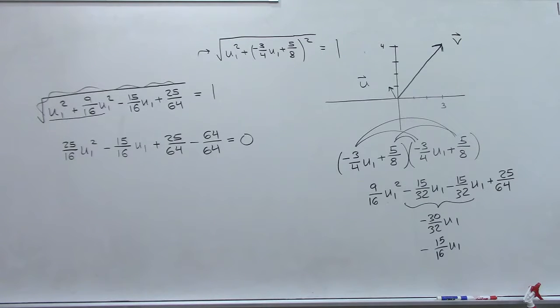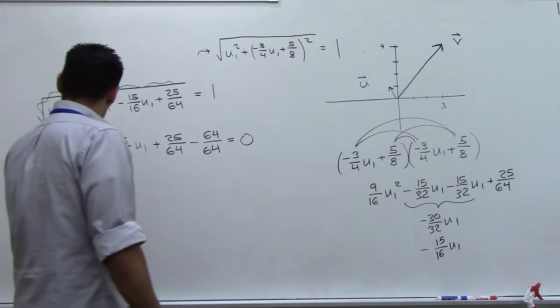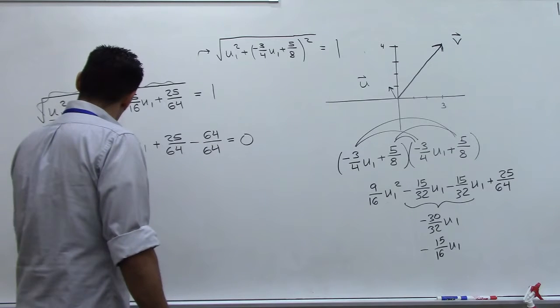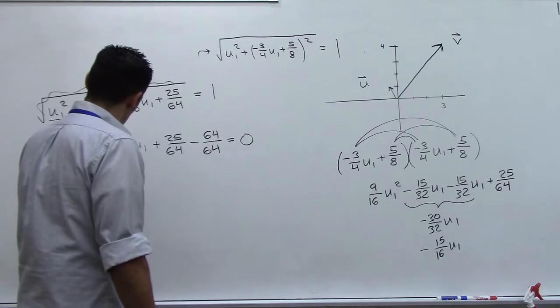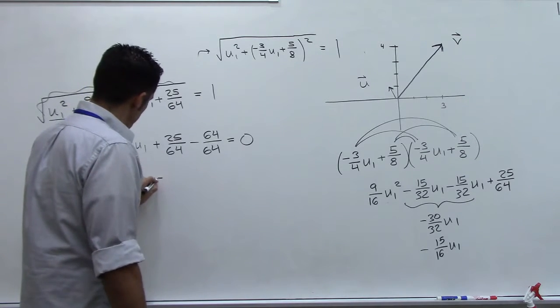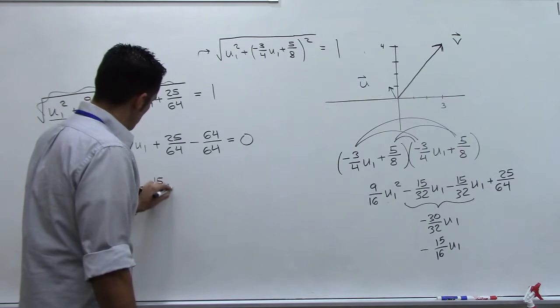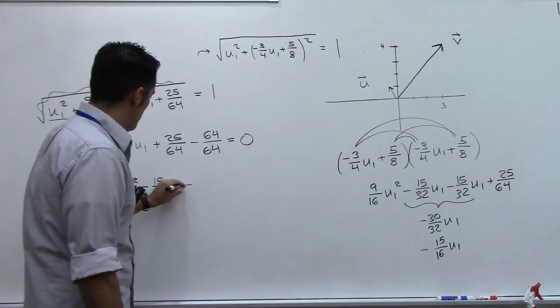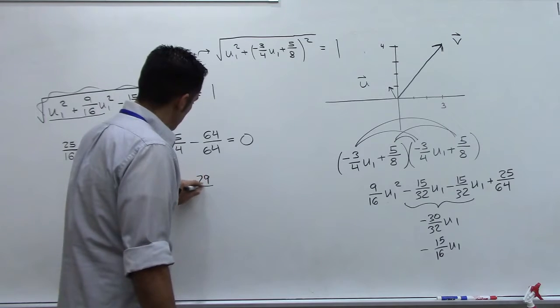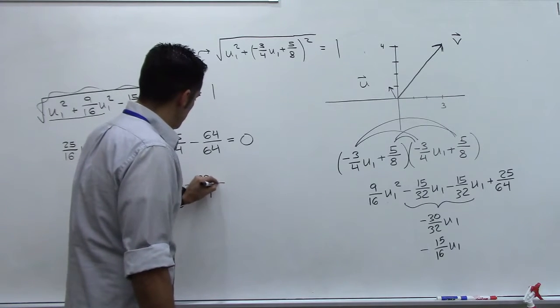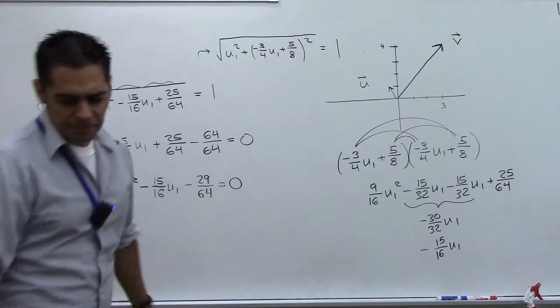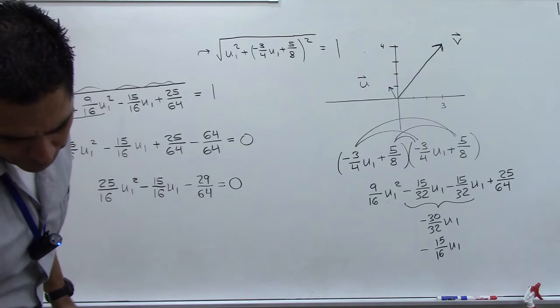40, can't do my simple math again. 29? So 25/16 u1 squared minus 15/16 u1 minus 29/64 equals 0. All right.